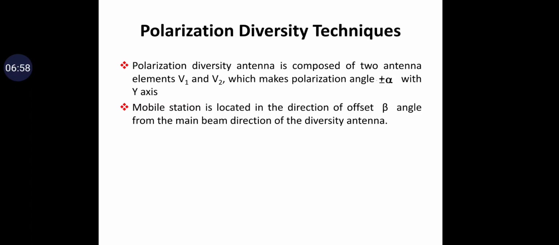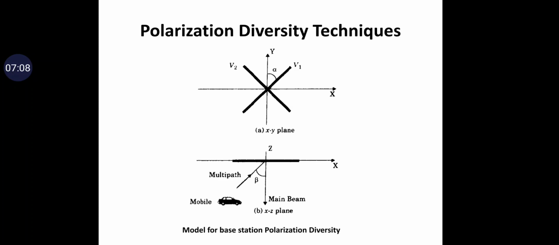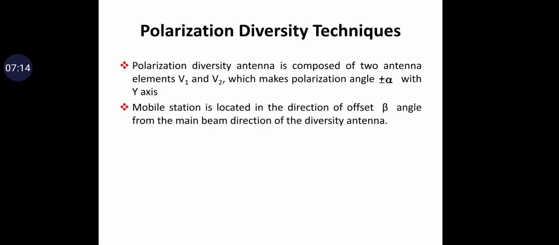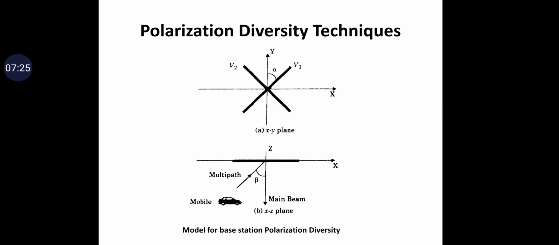The polarization diversity antenna is composed of two antenna elements V1 and V2, which make a polarization angle plus or minus alpha with the y-axis. It is represented in the diagram. The angle is alpha. The mobile station is located in the direction of offset angle beta from the main beam direction of the diversity antenna. The angle beta is also represented in this diagram.